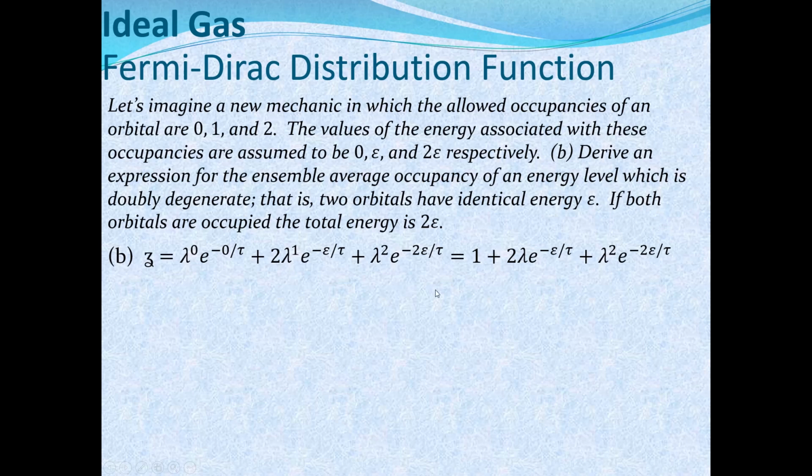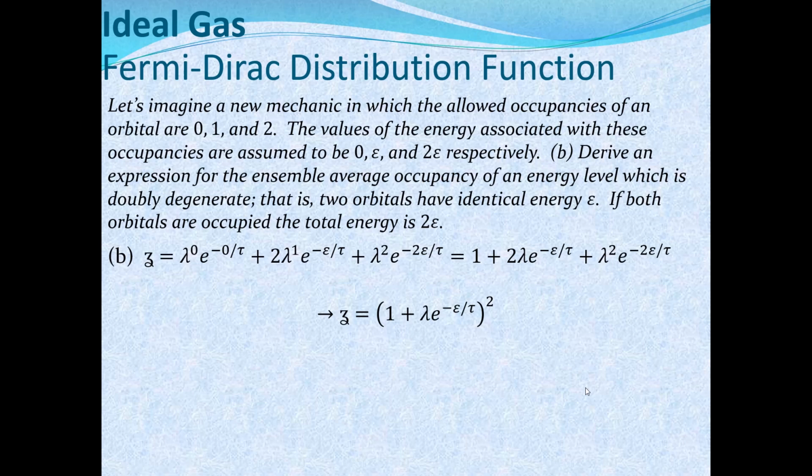So what that's trying to say is that we can have a case where there are two particles, but they're in two different orbitals. So that's what's going on here. Basically we have two different cases where there's one particle in an orbital with an energy of E. So it doesn't really change much except for this 2 coefficient.